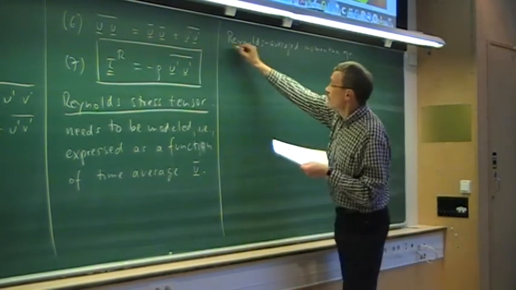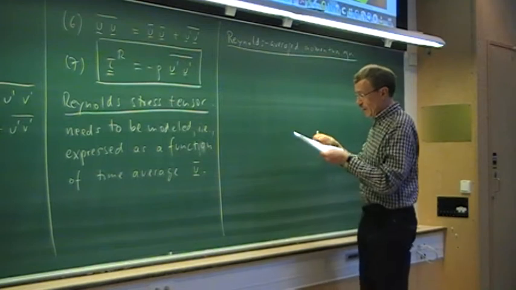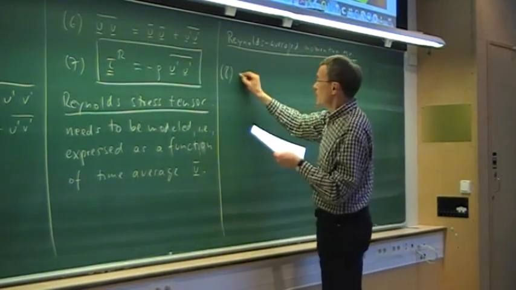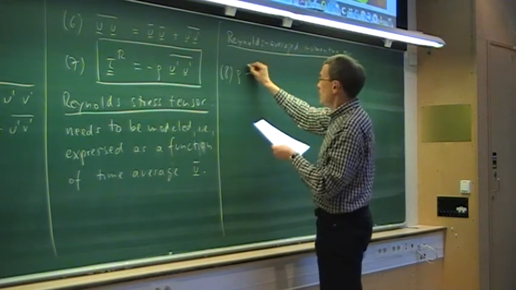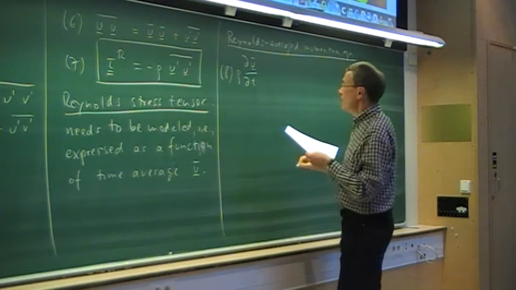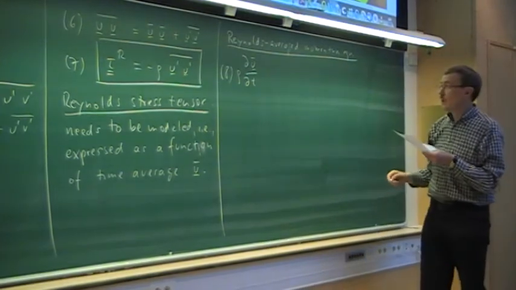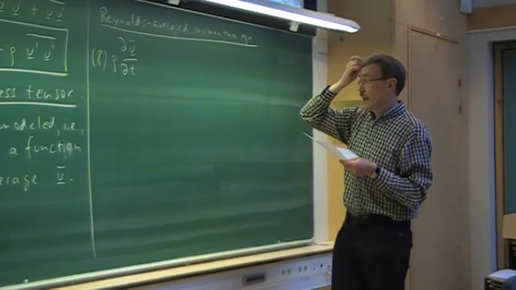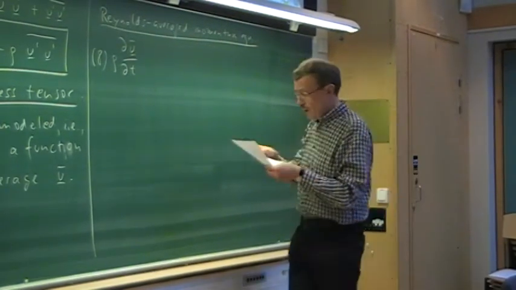That becomes then the following. Now we write everything. Again, we assume that rho is constant. So then we have the time derivative of the mean velocity. So it's a vector, that's the underscore, and the bar is indicating that it's the mean.